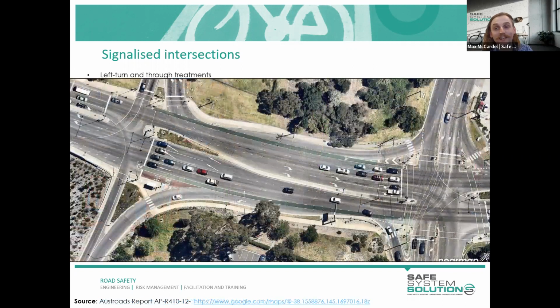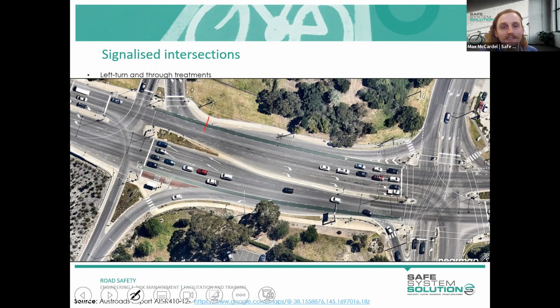Back to signalized intersections. So this one is much more, I suppose, common at interchanges and things like that, where you'd have an on-road bicycle lane and then a left turn slip lane that merges over quite a distance of the bicycle lane.